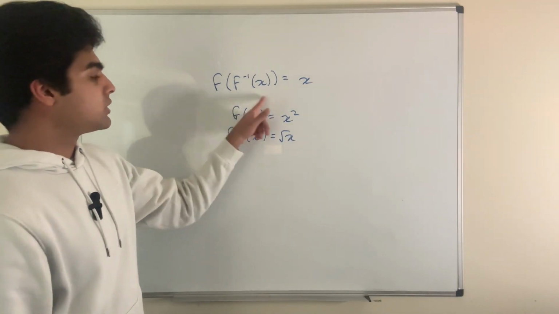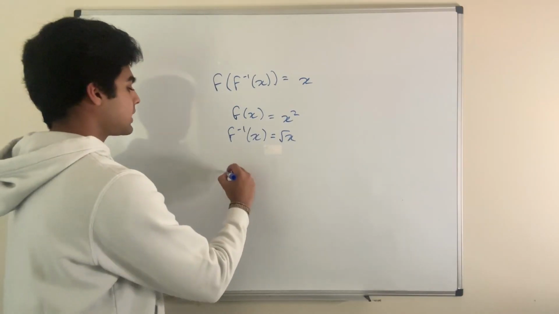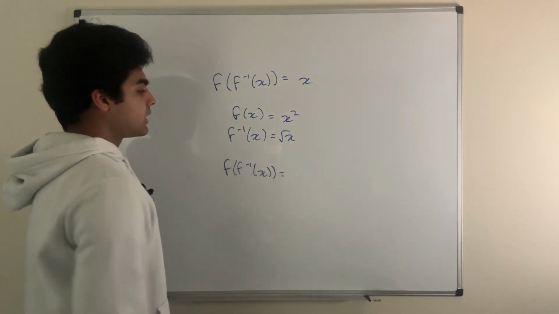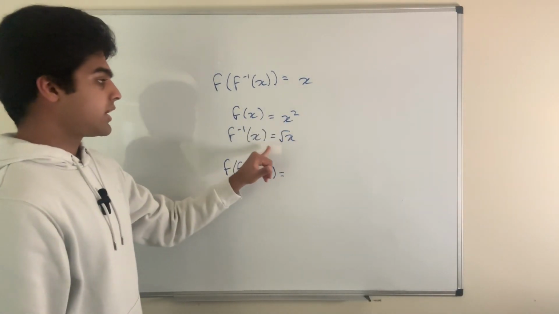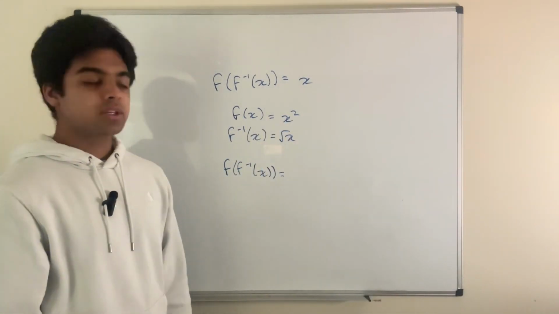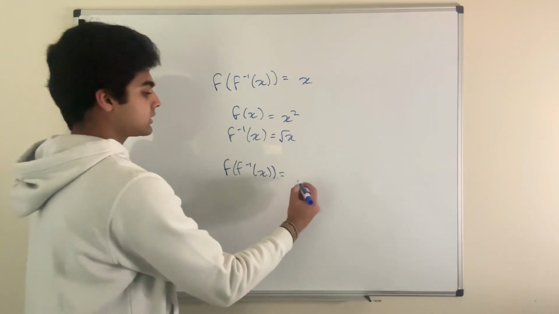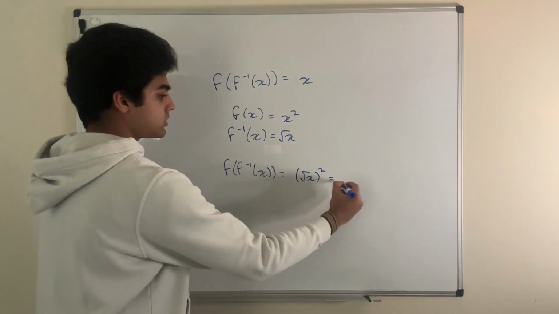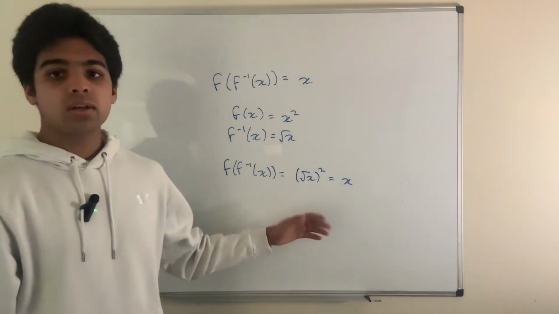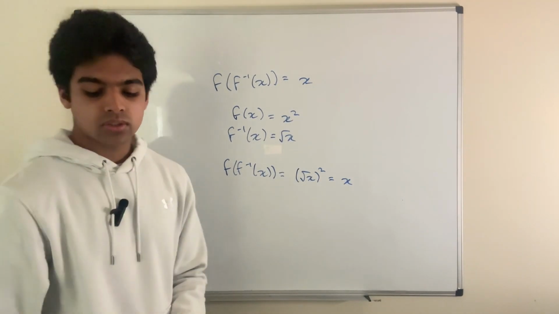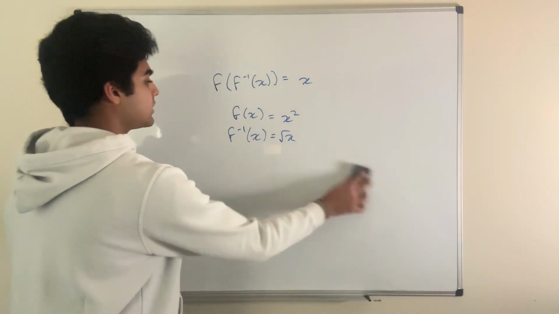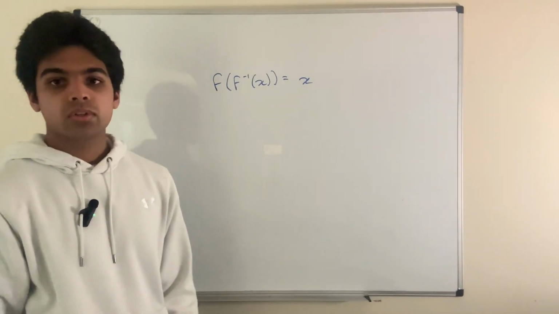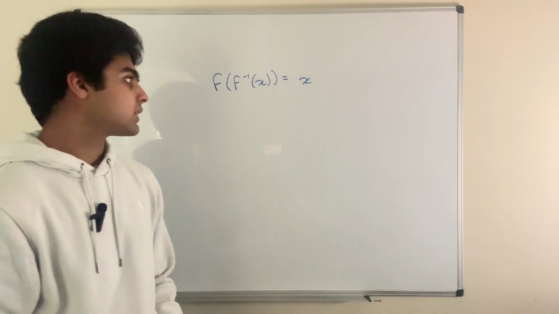So if we put that in here, we would have f of f inverse x, and our f of x is x squared, and our f inverse x is root x. So instead of x, we're going to have root x. So we're going to have root x, squared, and that's just x. So this is another property of inverse functions. Just remember that whenever you have a composite function with two inverse functions, the result of that is always just going to be x.